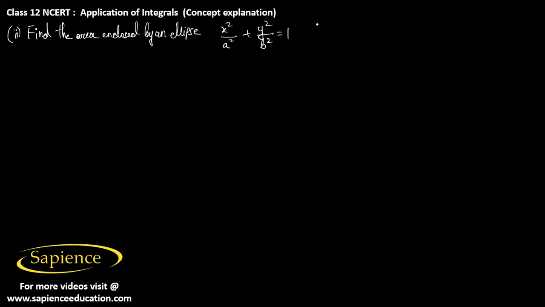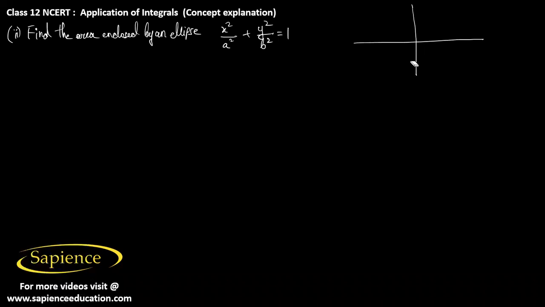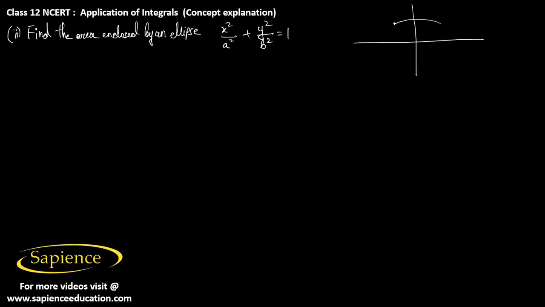So if a is greater than b, then it is a horizontal ellipse. So horizontal ellipse will be somewhat like this.